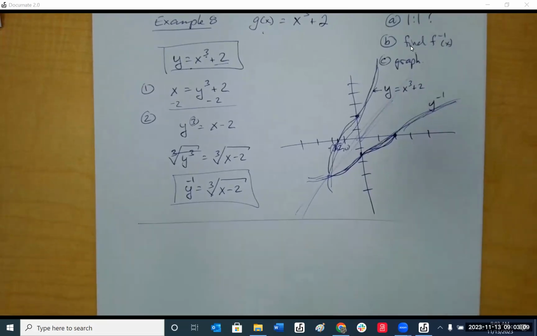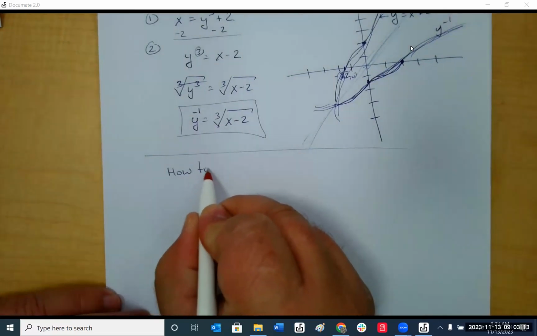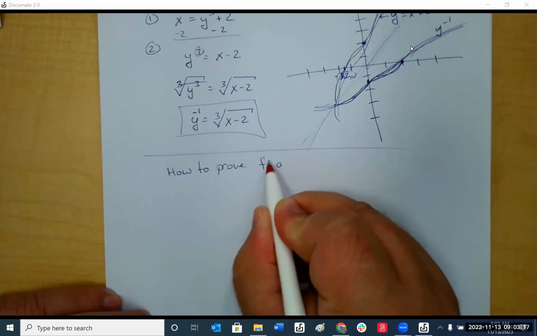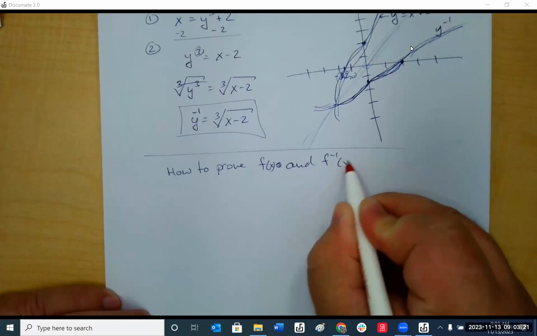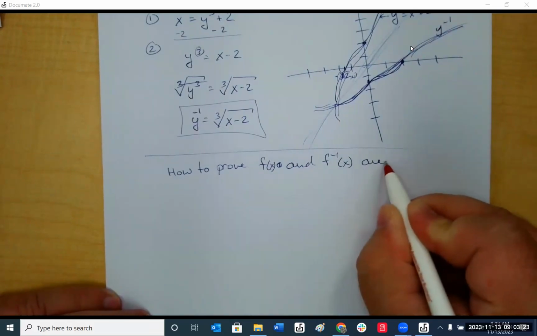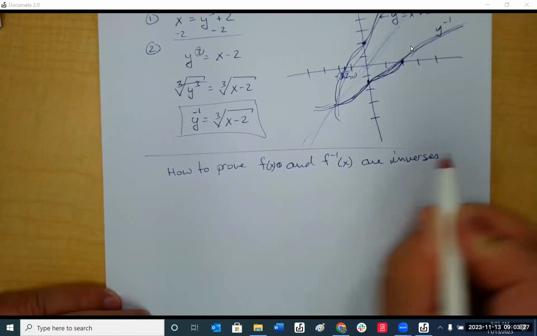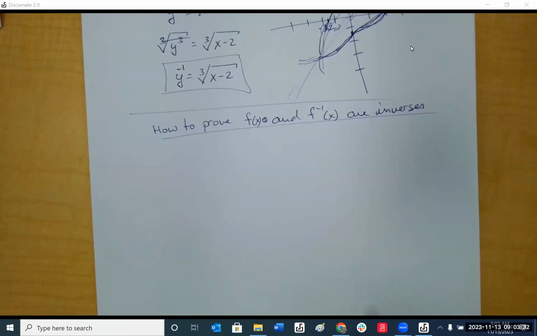All right. How to prove f of x and f inverse are inverses. This is always true.